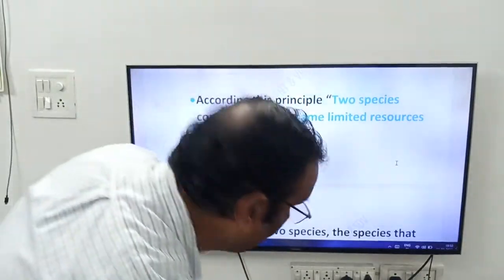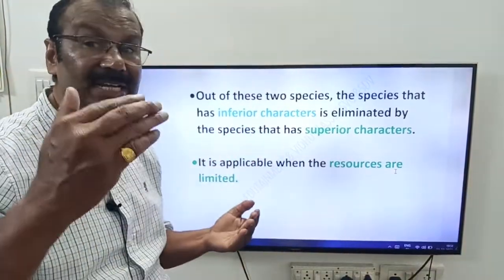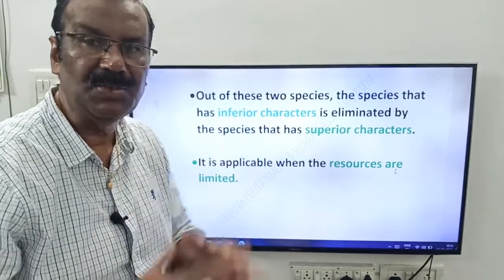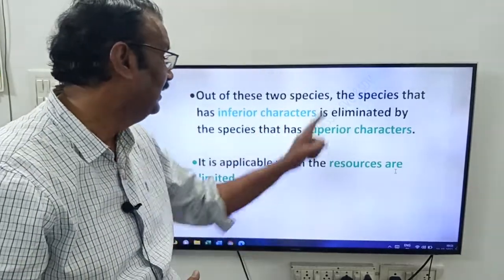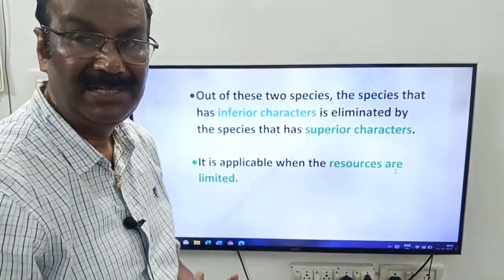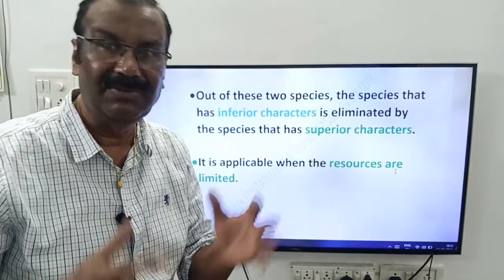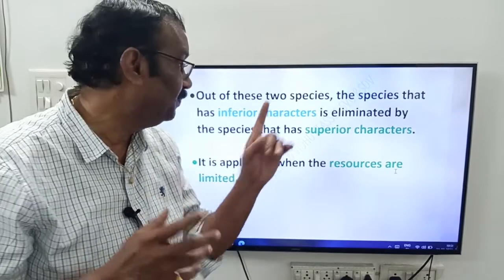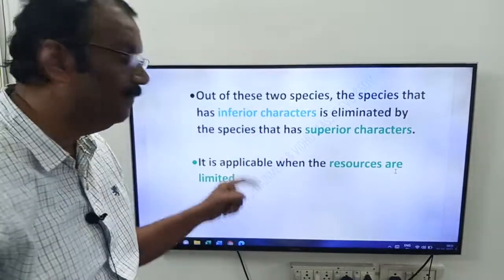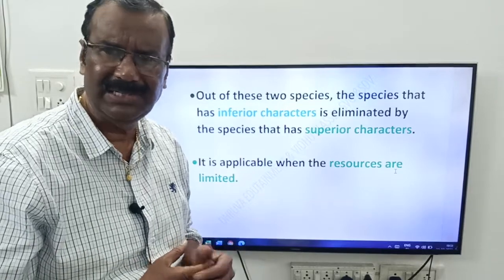Out of these two species, the species that has inferior characters is eliminated by the species that has superior characters. Both are competing for the limited resources. Is it common, friends? Yes, it is common.